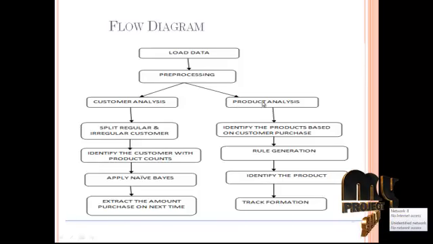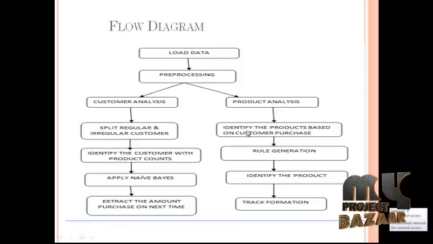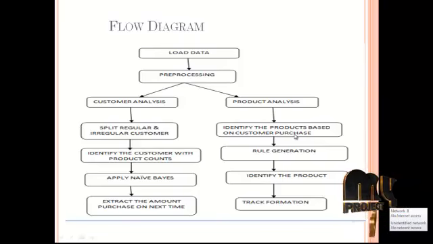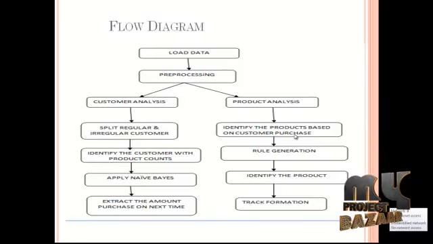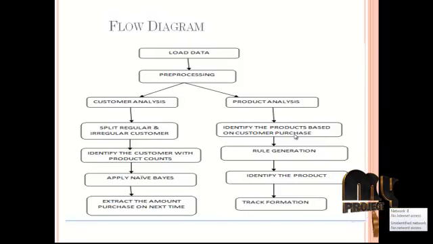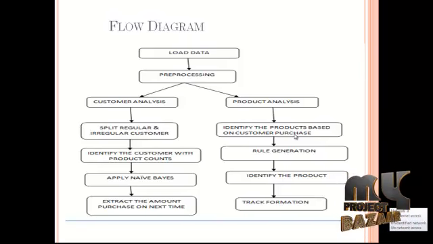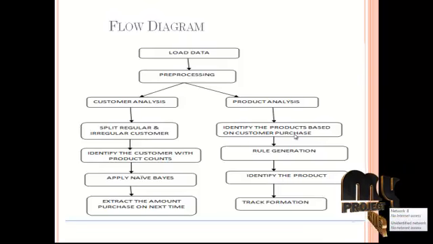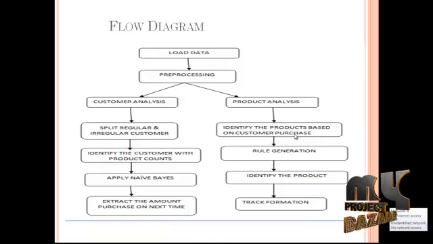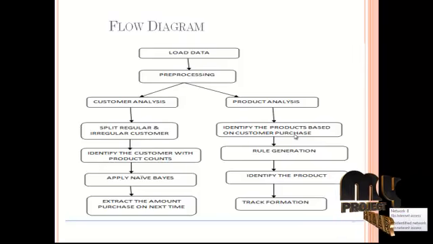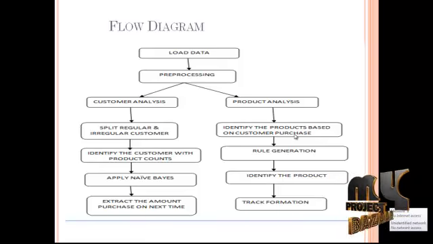In the product analysis menu, we analyze the products based on customer purchases. We extract only the customers who purchased the maximum in our supermarket, because here we have to form the tracks. If a regular customer comes to purchase, they can easily find the products from the track, so it will develop our business.